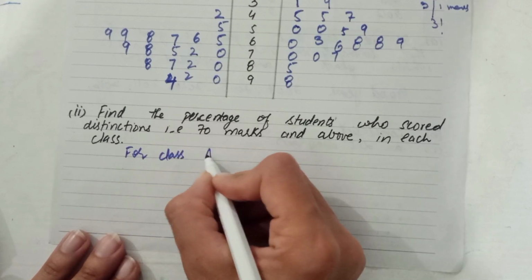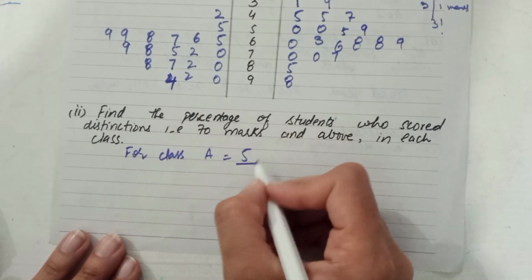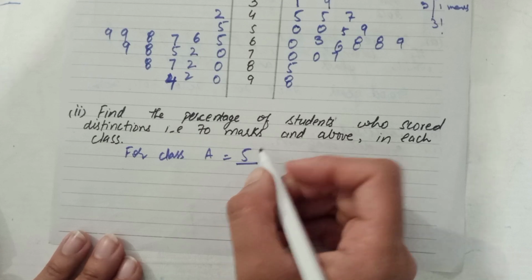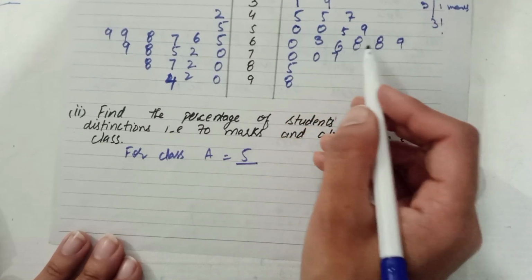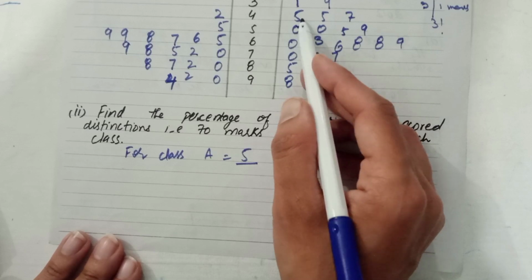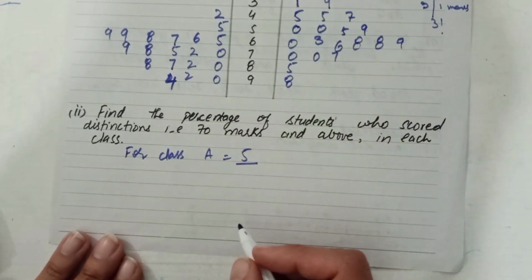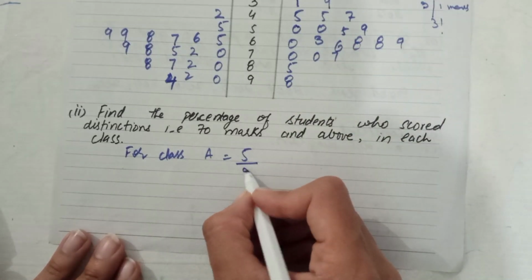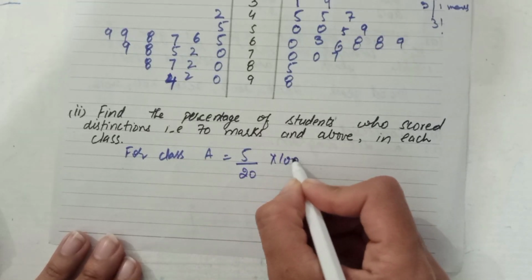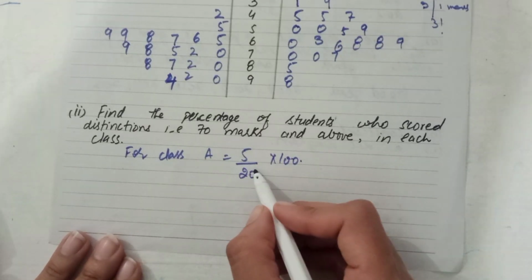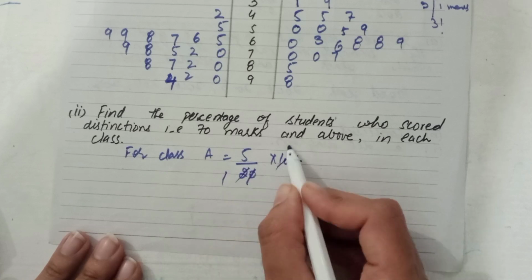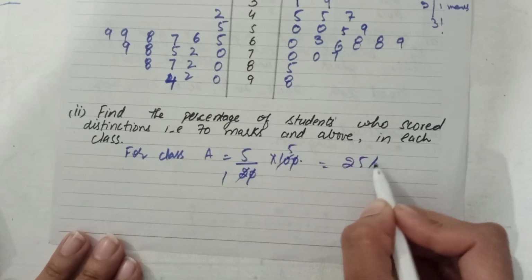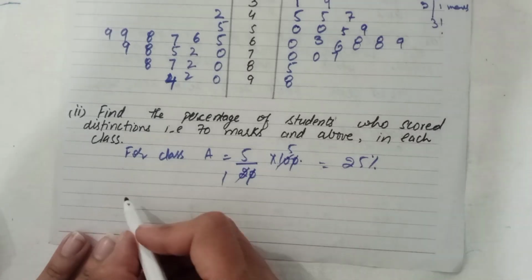For class A, 5, and the total number of students are 20. We have to find the percentage by multiplying by 100 and we get 25%.